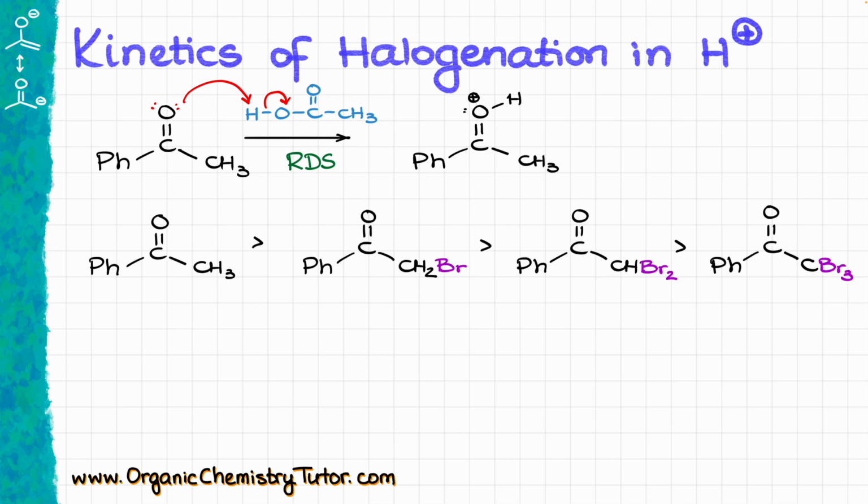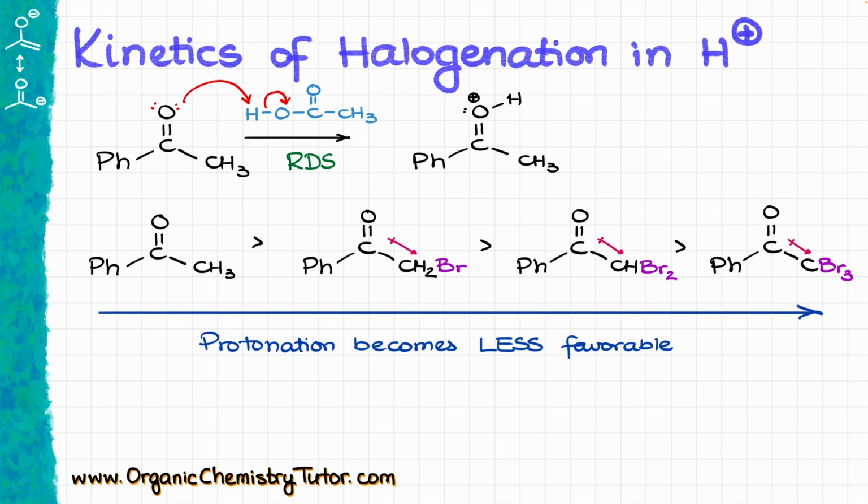As each bromine atom is going to pull the electron density towards itself, the more bromines we put onto the molecule, the stronger that pull of the electron density is going to be. And while theoretically we can continue this reaction until all the hydrogens in the alpha position get substituted with bromine, each reaction is going to become slower and slower, as each bromine is essentially making our oxygen less and less basic, and the reaction of protonation, the very first step, is going to become less and less favorable.